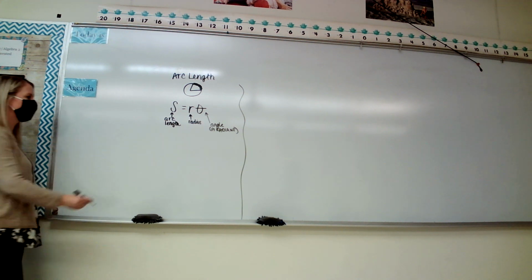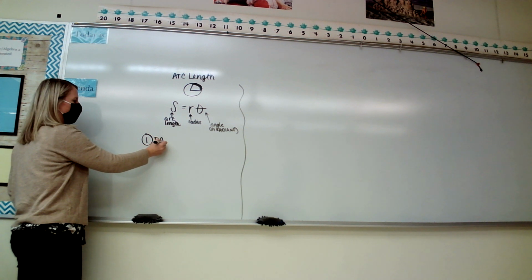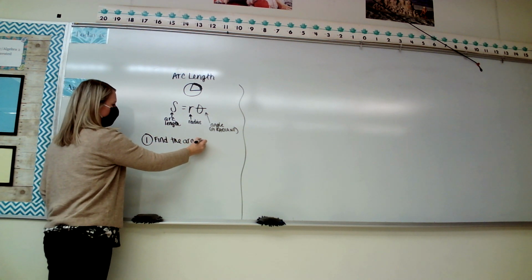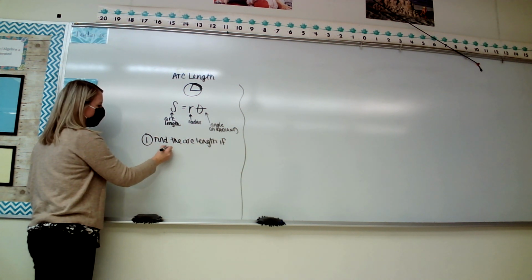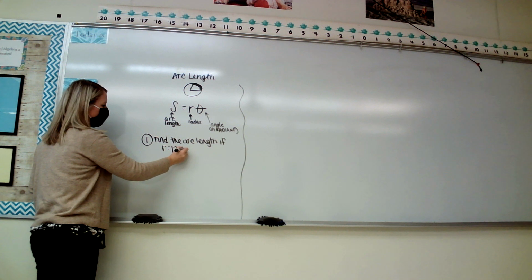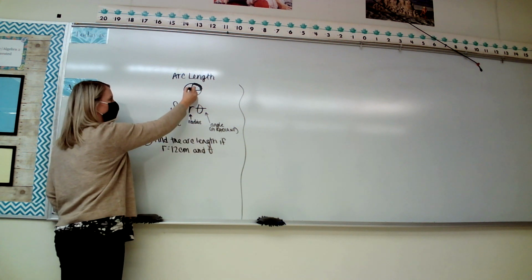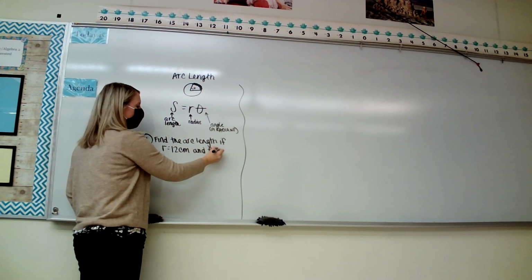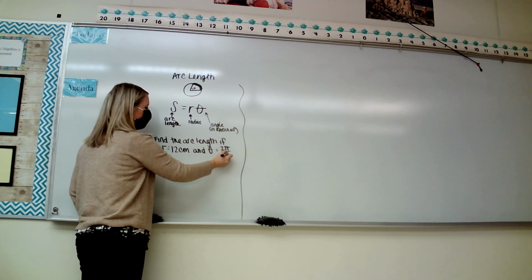So just two problems. Number one, find the arc length if the radius is 12 centimeters and the angle theta between the two lines is 2 pi over 3.